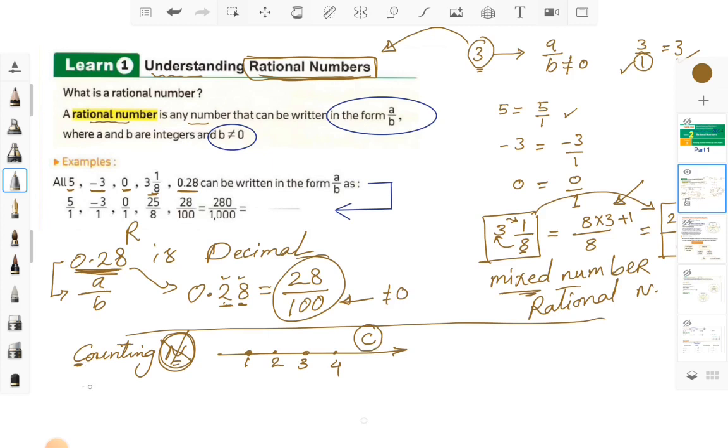Okay, then we learned natural numbers. Natural numbers, I can represent them starting with 0, 1, 2, 3, 4 and so on, and N is the abbreviation.